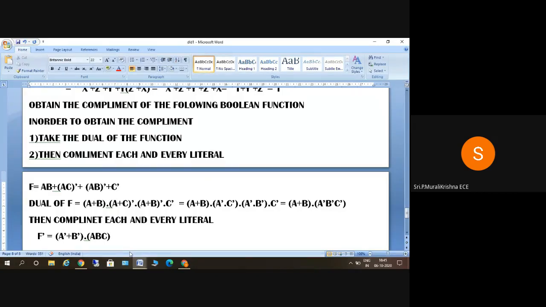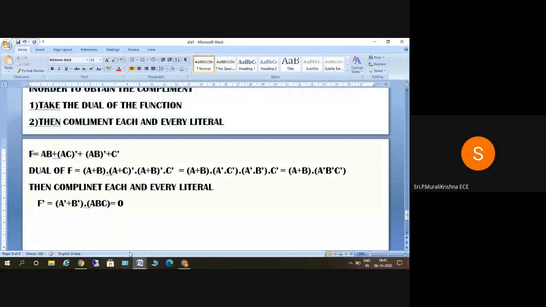So the answer is equal to 0. Okay, so the complement of the given function is 0 here. Clear? Yes, sir. Yes, sir.